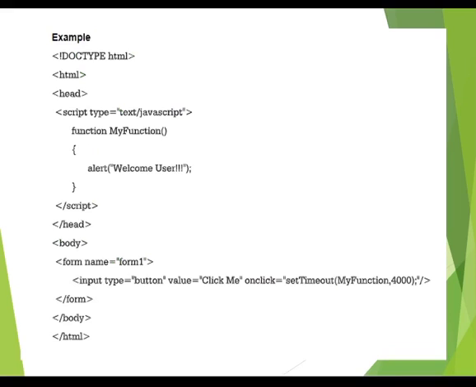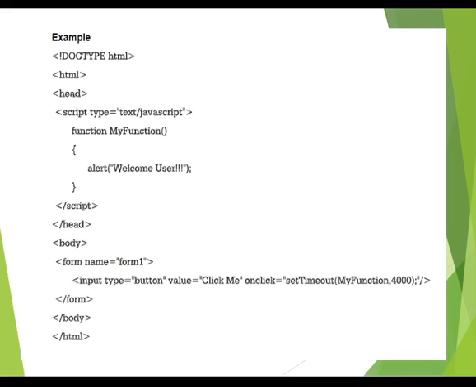Let's see the code for it. See the example. First is the doctype HTML tag, then the HTML tag, then the head tag, then the script tag. The function name is myFunction, and inside the function an alert is displayed as "welcome user". Then close the script tag, close head, open the body tag.